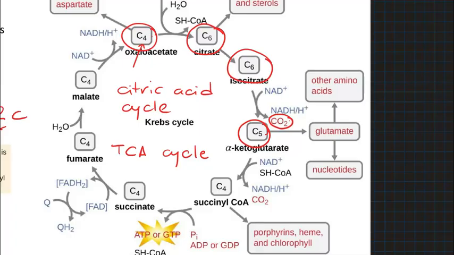Okay? So this process, that oxidation of isocitrate, forms an extra NADH.